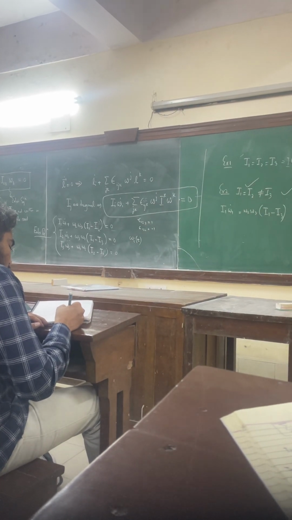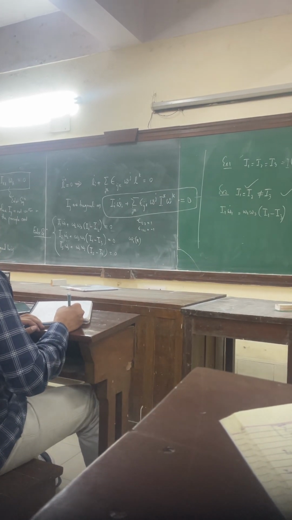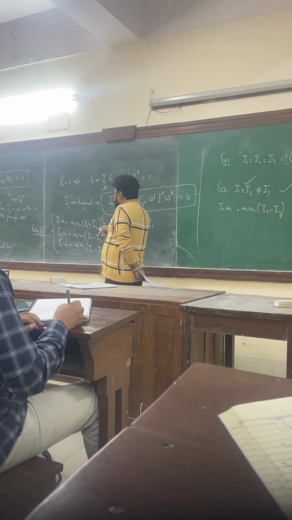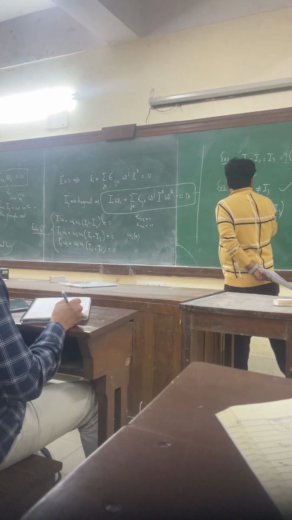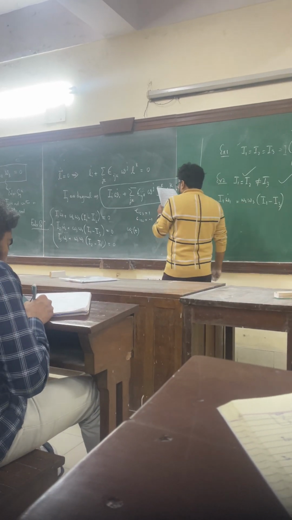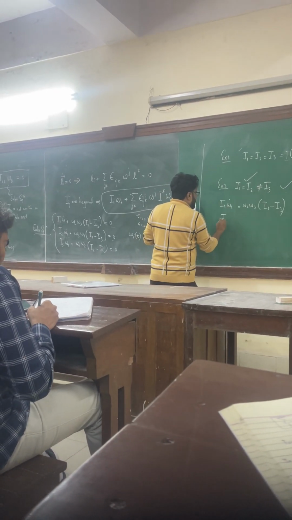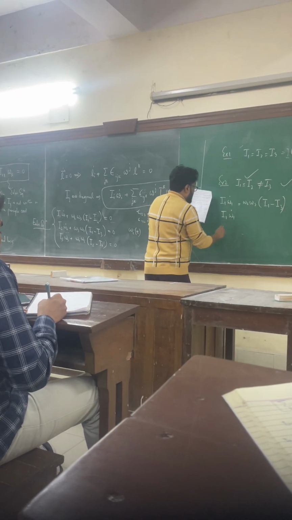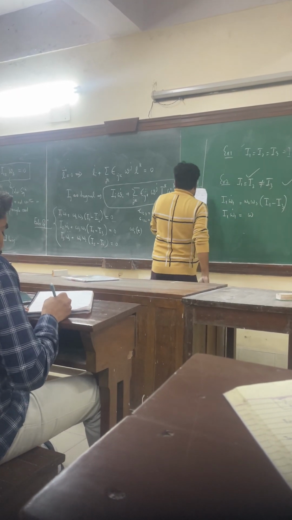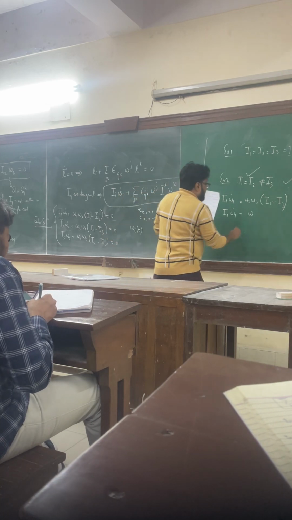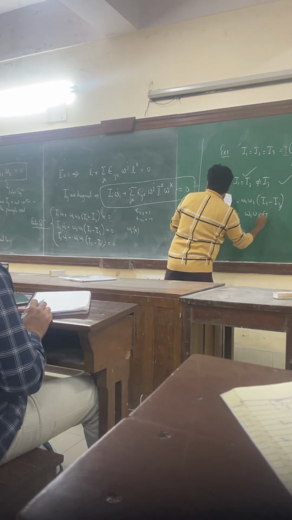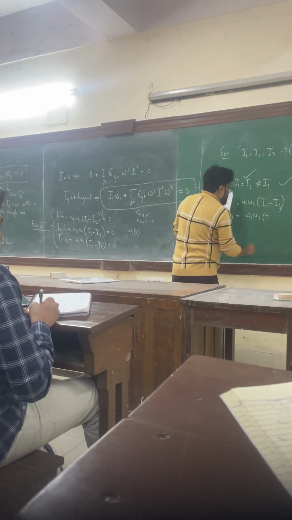Fine? The first equation will be I1 omega 1 dot, with I2 minus I3 taken on the other side, but I2 is equal to I1. Then the second equation will be I2 omega 2 dot, but I2 is again equal to I1, equals omega 1 omega 3 times I3 minus I1.